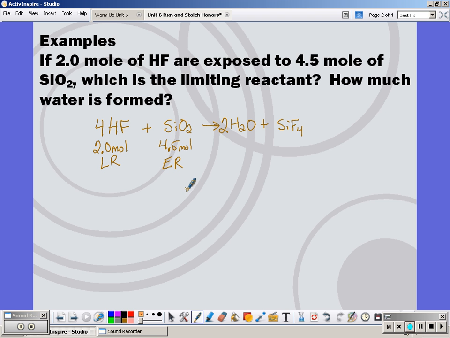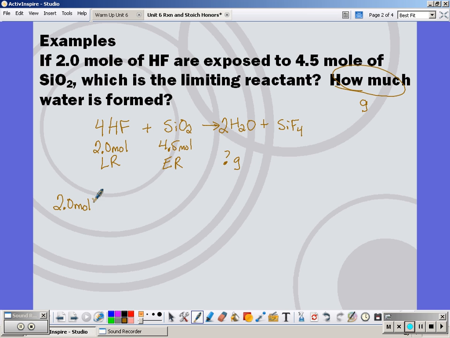The second part of the question says how much water is formed. So now I'm looking for information about water. When it says how much, they're asking how many grams. So the limiting reactant limits how much water I can form. So I'm going to start with my limiting reactant. So I don't need the information about my excess.